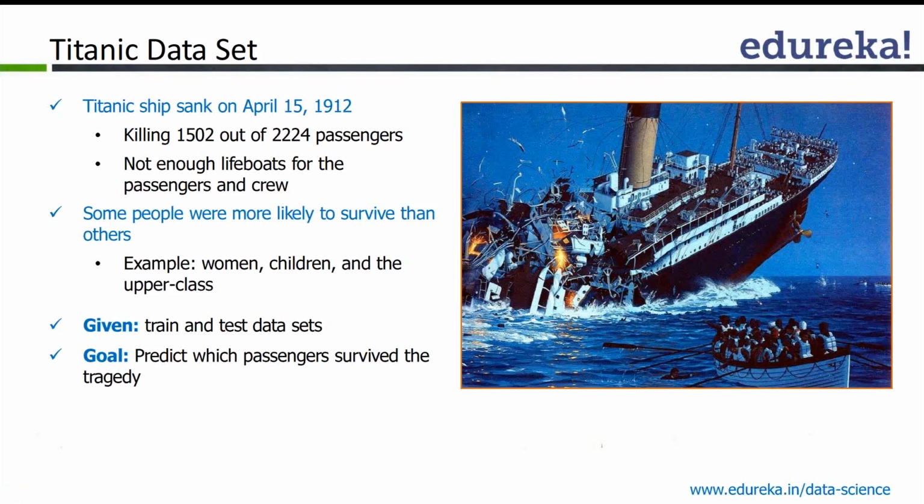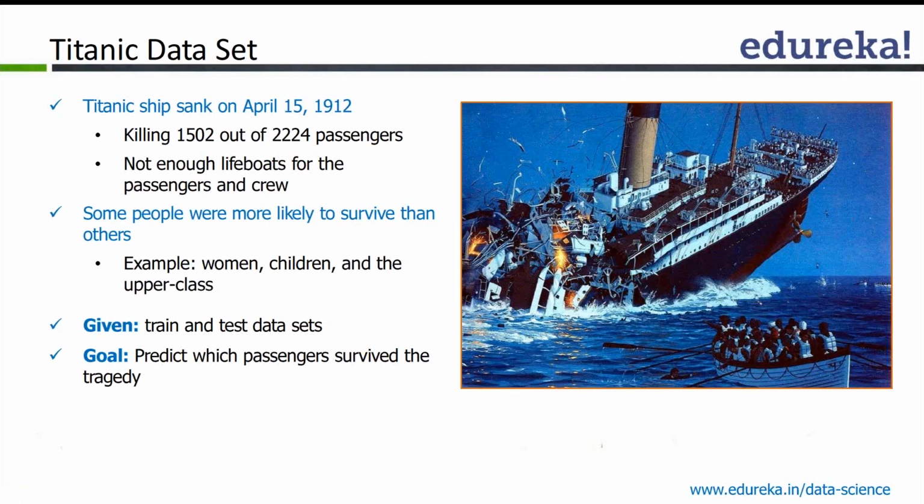The data set we are going to see has complete information about individual passengers on the Titanic, including their age, their profession, their gender, and other details like which class the passenger was in, first class, second class, all those things. Based on all this information, you have to build a classification model which predicts between two classes, survived or not survived, okay?